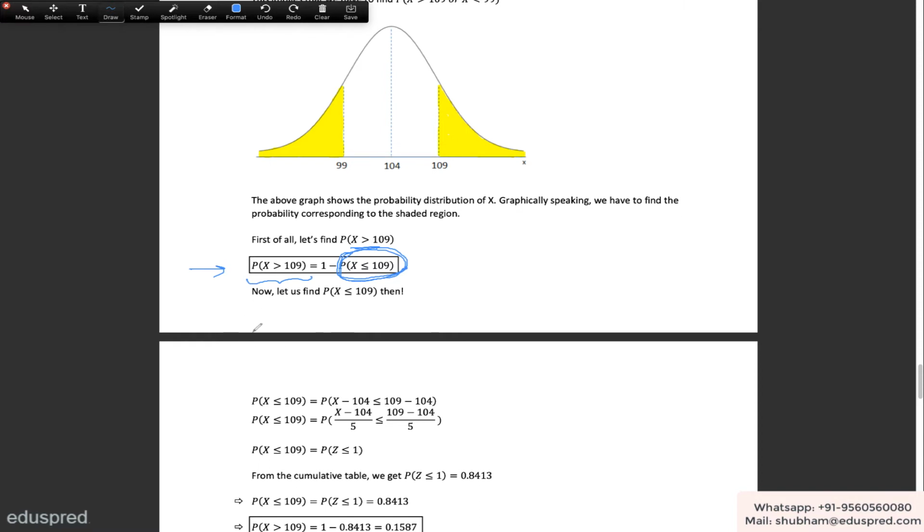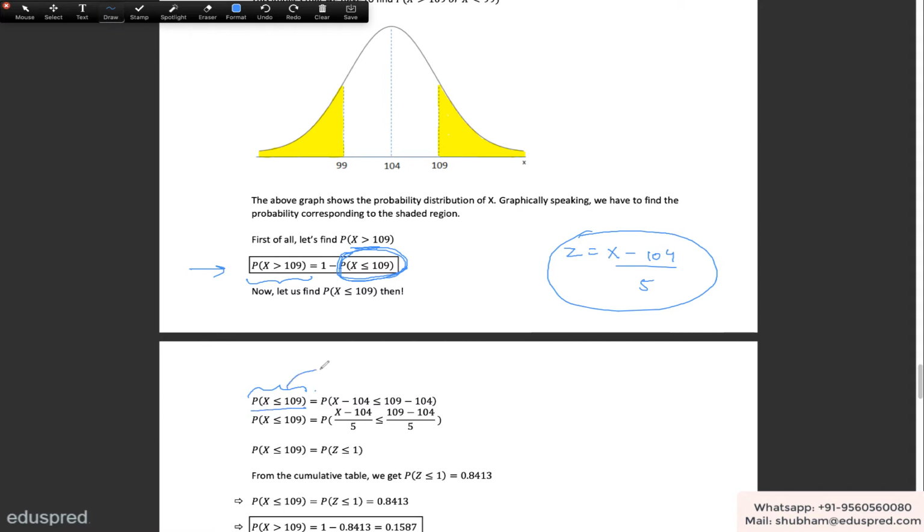Now to find the probability that x is less than or equal to 109, we are going to convert this into standard normal. For standard normal, z is defined in this manner. In this particular case, the mean of x is 104, so z is equal to x minus 104 divided by the standard deviation of x, which is 5. This is how z, the standard normal random variable, will be defined. So we have to find the probability that x is less than or equal to 109.